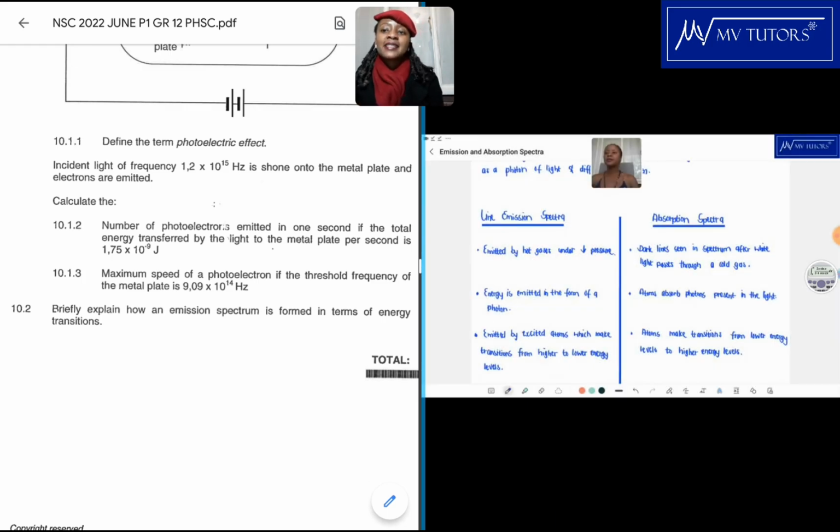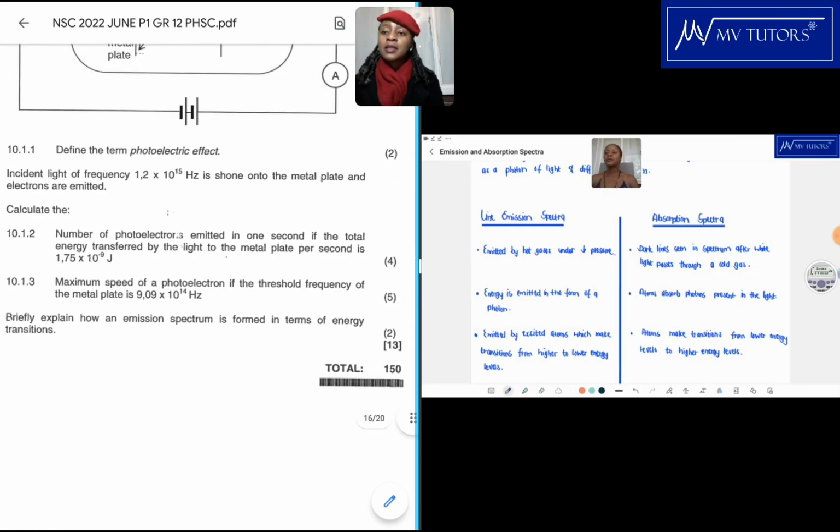Okay, and basically with the line emission spectra emitted by hot gases under low pressure, the energy is emitted in a form of a photon, and it's emitted by exciting atoms which make transitions from higher to lower levels. Okay, so as it releases the energy, it then goes to lower energy levels, but when it absorbs the energy, it goes to high energy levels. But this is just 2 marks in this question, so the initial definition I gave you at the beginning would suffice.